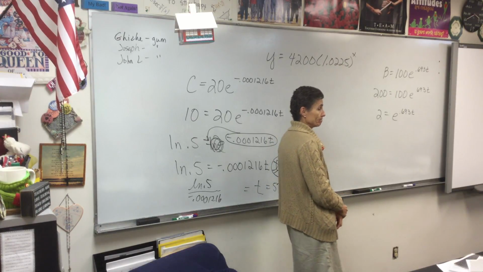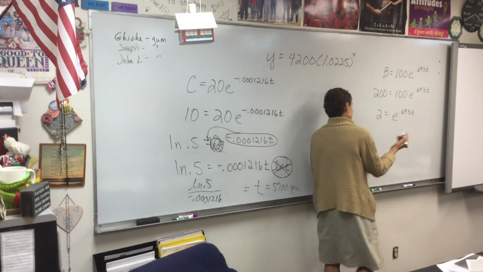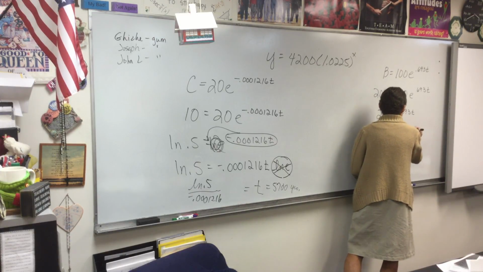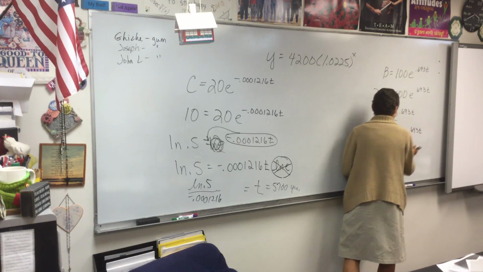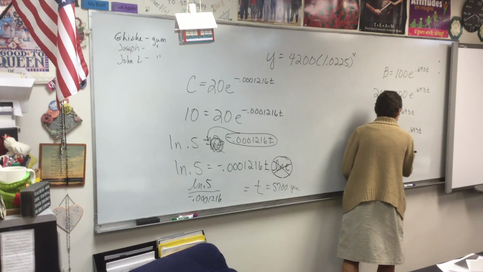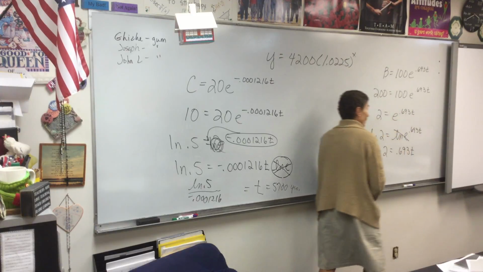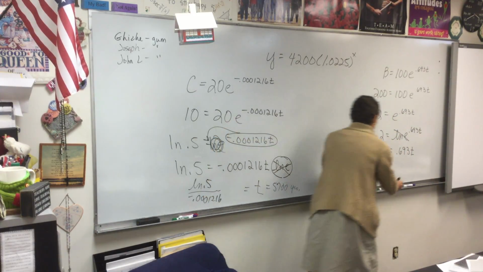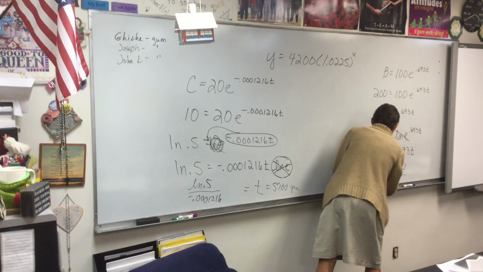Okay, now what? Somehow log both sides. I'm going to ln both sides. And when I ln both sides, this cancels every single time. So basically I have this equation. So t equals ln 2 divided by 0.693.